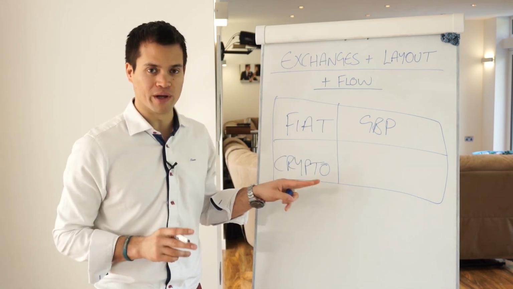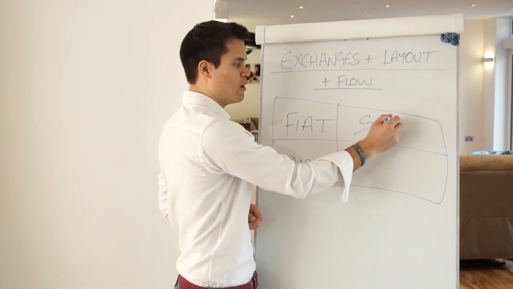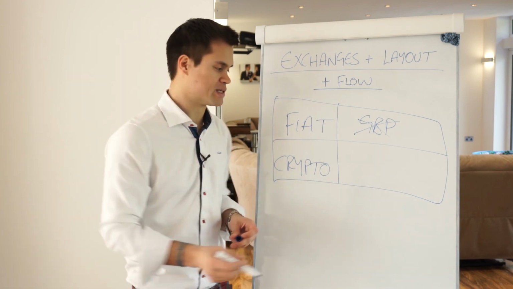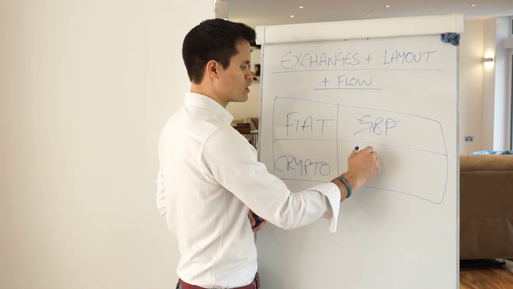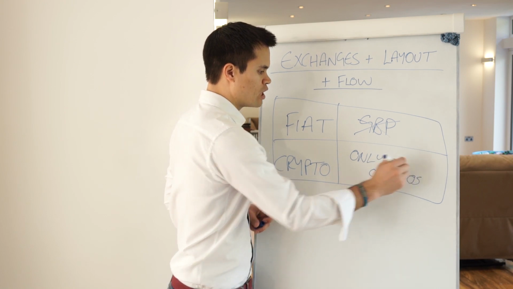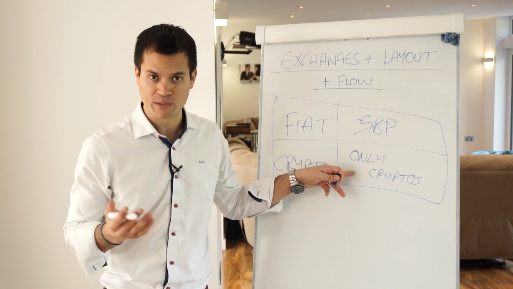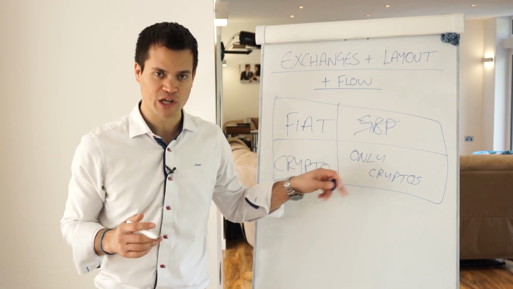Now, a crypto exchange is basically an exchange which does not accept any form of fiat currency, so it's only cryptos. So you can only send and move cryptos back and forth within these different exchanges.